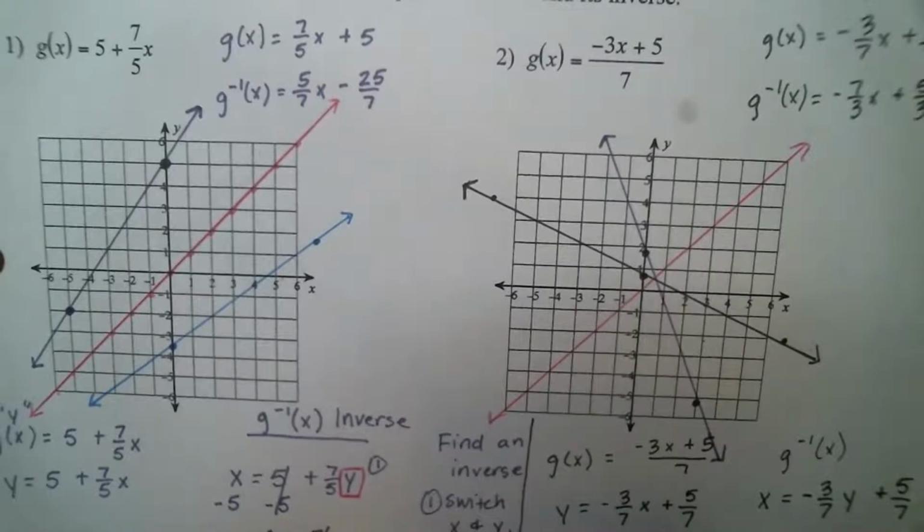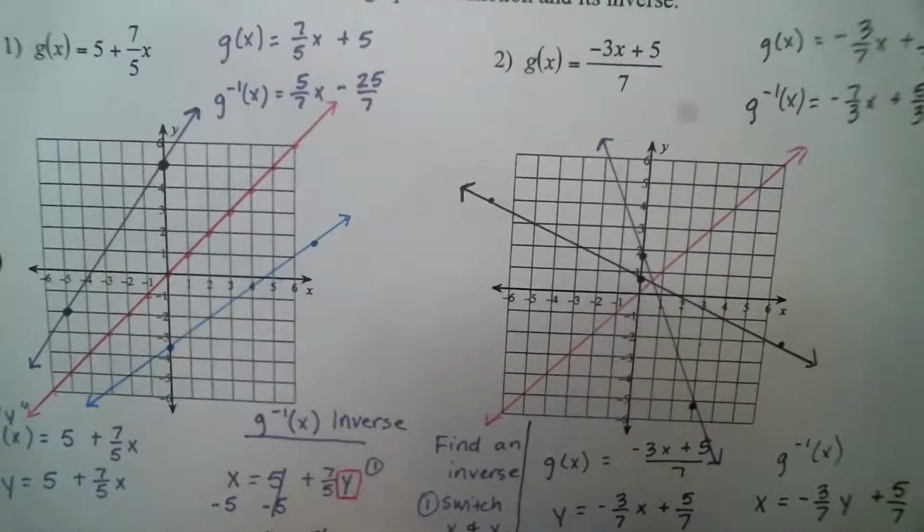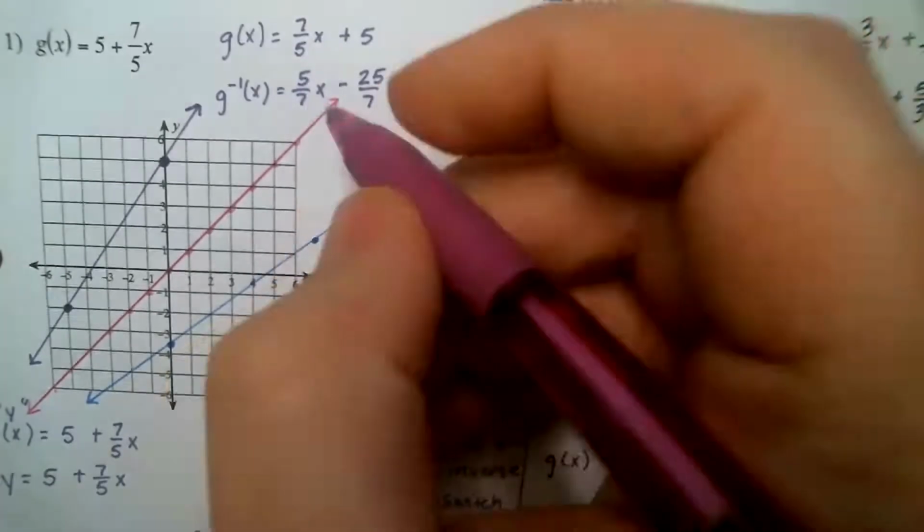What would that line be? What's my y-intercept? What's my slope? Very good. Just x, right? Slope is 1 over 1. My y-intercept is 0. So this line right here is actually y equals x.